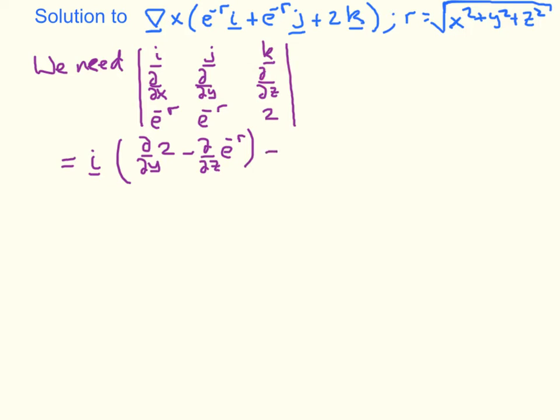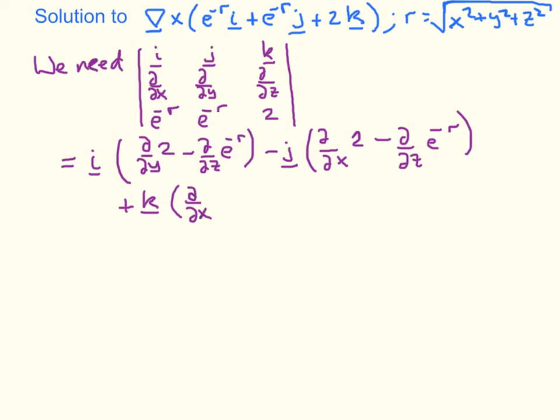Minus, and in the j direction it is d by dx acting on 2, so that will vanish, minus d by dz acting on e to the minus r, and then plus k times d by dx acting on e to the minus r, minus d by dy acting on e to the minus r.